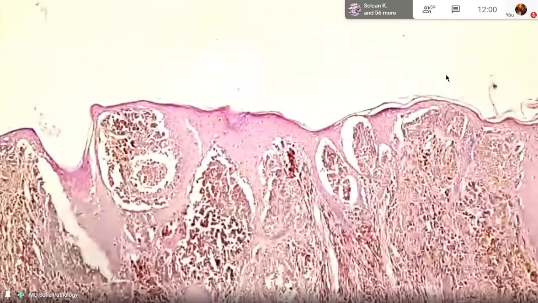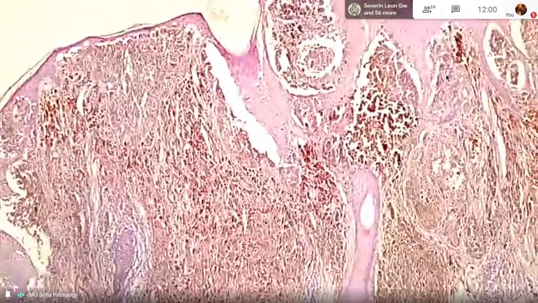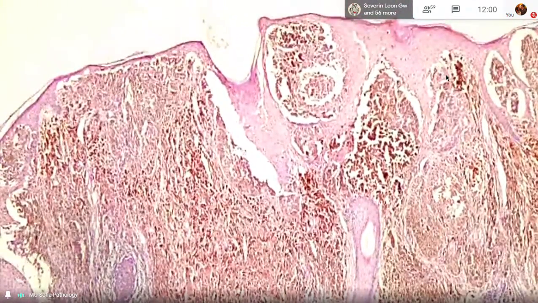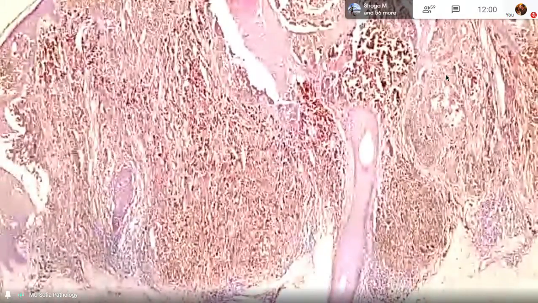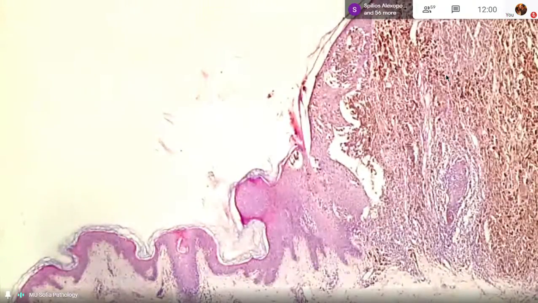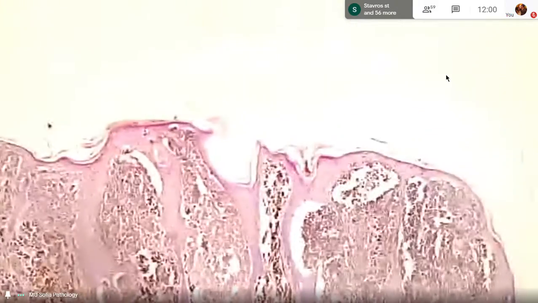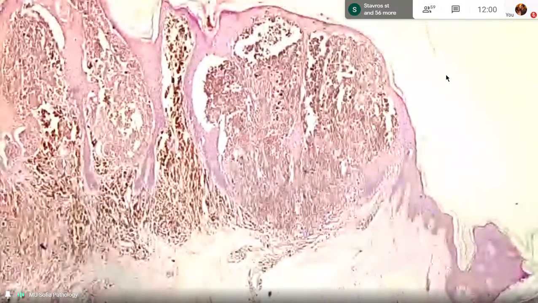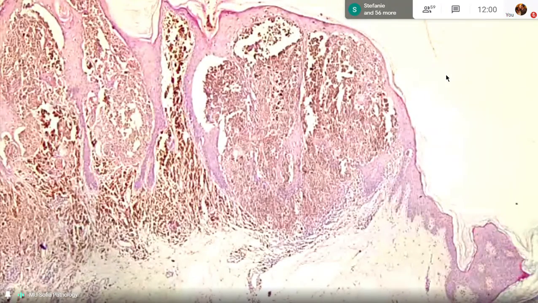And here you can see that there are different types of infiltration towards the epidermis. This is the vertical fraction, and towards the shoulders of the lesion to the periphery. This is melanoma malignum.